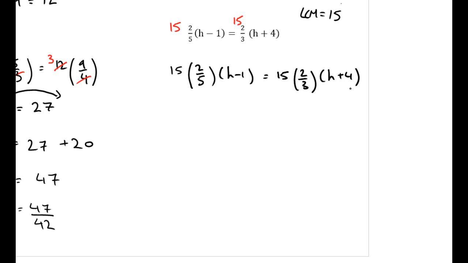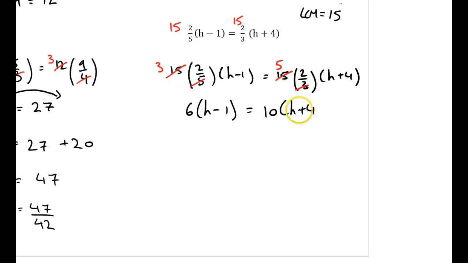Let's start simplifying. 15 divided by 5 is 3. 15 divided by 3 here is 5. And voila, there go the denominators. This looks much easier now. 3 times 2 is 6, so I have 6 times h minus 1, and 10 times h plus 4.